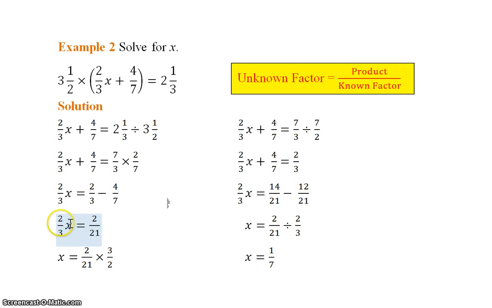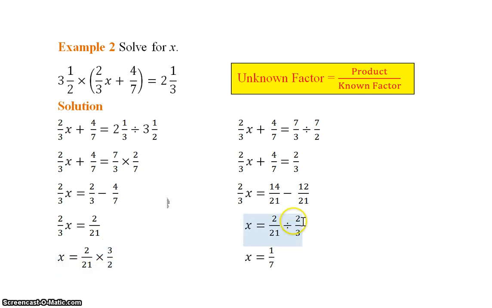And to find x, we must divide 2/21 by 2/3. So x would be equal to 2/21 divided by 2/3. And again, we change division by a fraction into multiplication by the reciprocal.